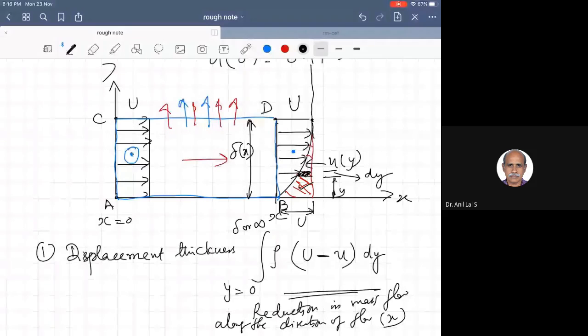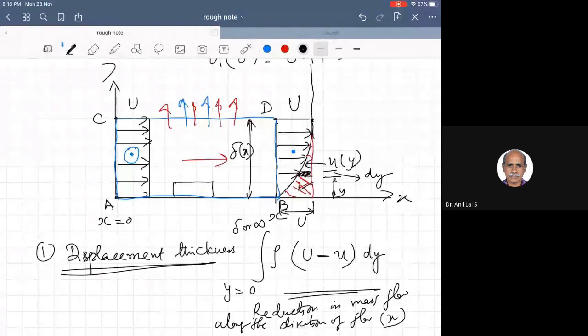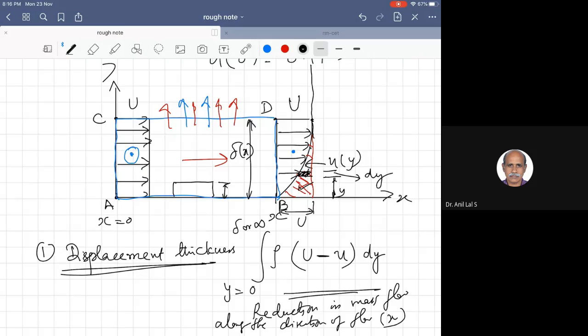So the displacement thickness is defined as the imaginary distance by which the wall is shifted. This loss or reduction in mass flow rate can be considered as equivalent to shifting of the bottom wall by a distance delta 1 without altering the velocity distribution.